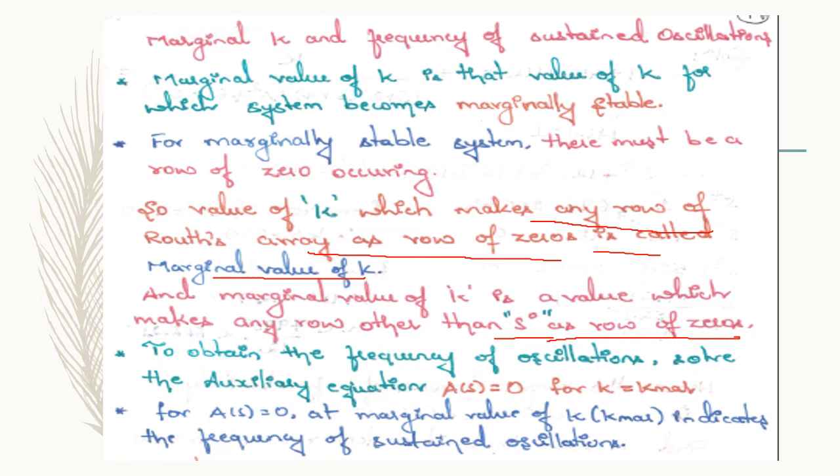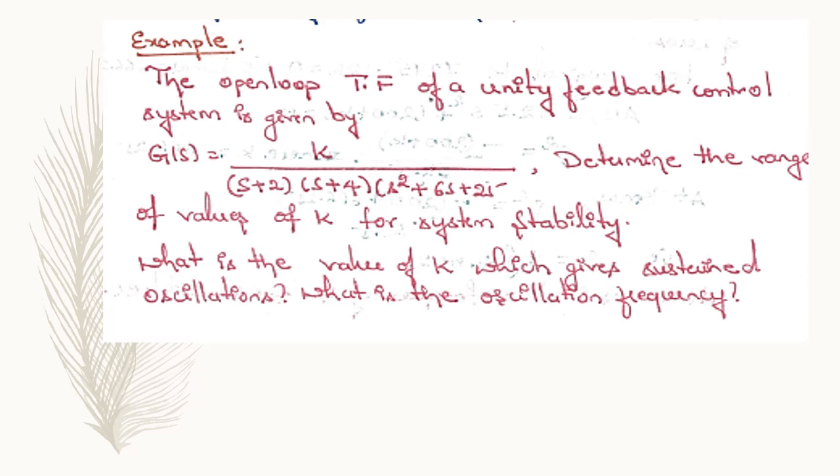To obtain the frequency of oscillation, solve the auxiliary equation A of s equal to 0 for k equals k marginal. A of s equal to 0 at the marginal value of k gives the frequency of sustained oscillations. So we take an example.